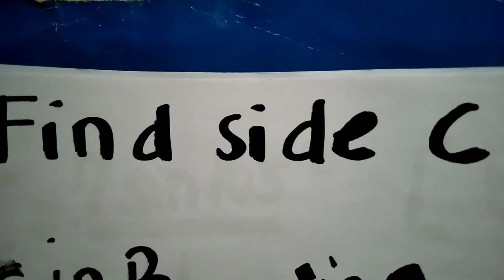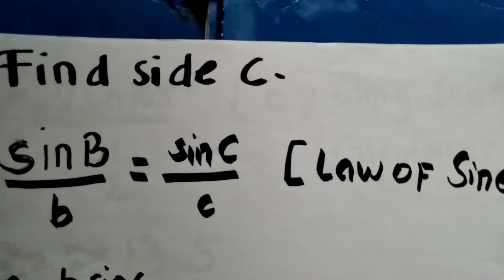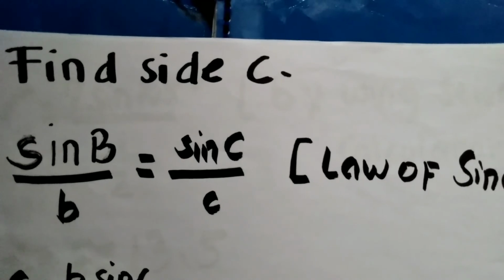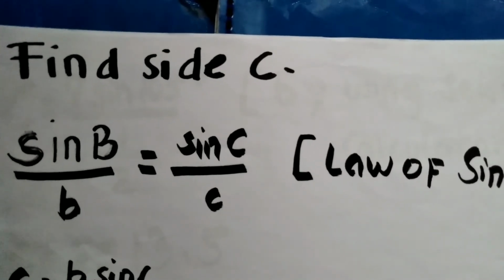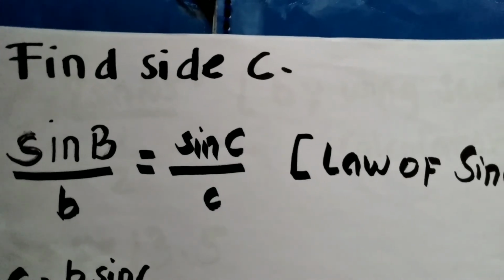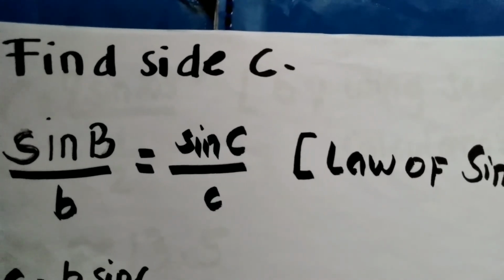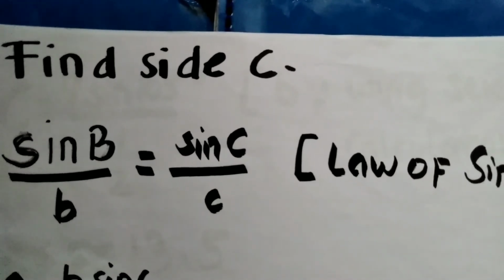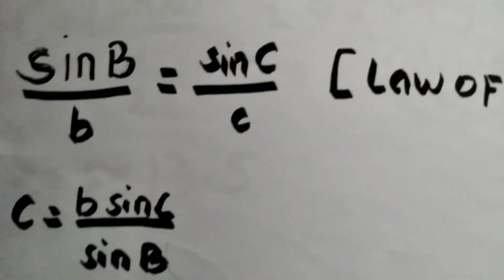And now to find side c, we're going to use the law of sines. So we have sine B over b equals sine C over c. Since we already know the values of angle B and angle C, and we also have side b, to find side c we cross multiply.